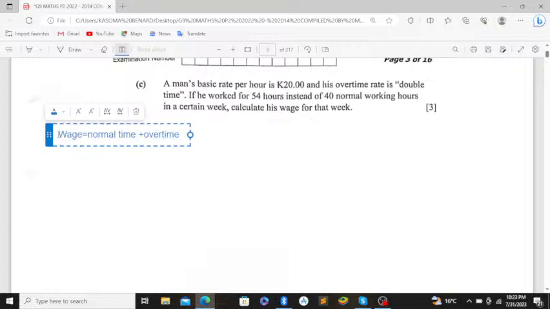That is the formula we're going to use to calculate his wage for that particular week.